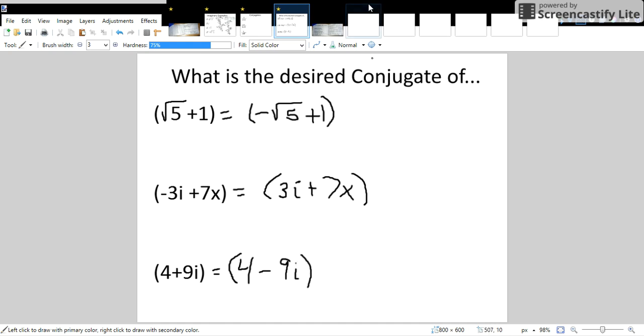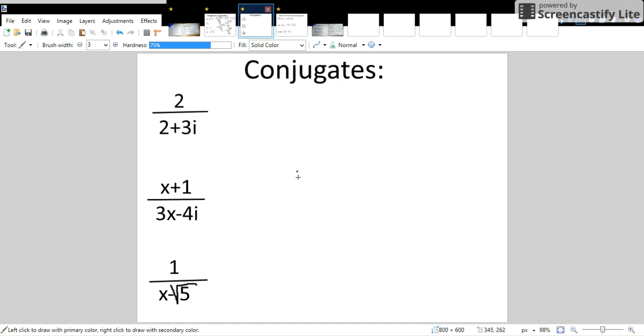Okay, now we're going to apply this with some examples on rationalizing our fractions. So on the first one, think about what our desired conjugate is for 2 plus 3i, and you'll multiply that. The conjugate of that is 2 minus 3i.